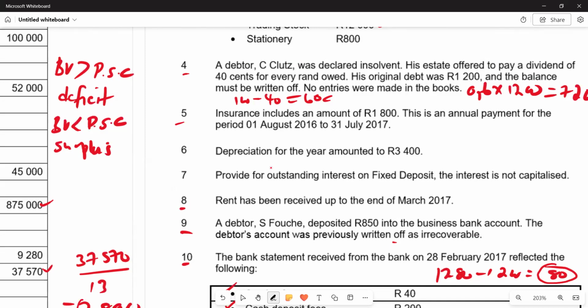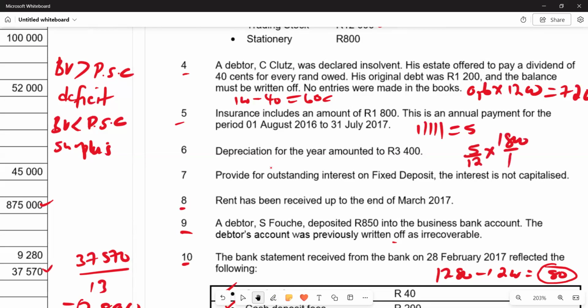Remember, our year is ending on 28th February 2017. So let's count the number of months that are outside our period. Our year is ending at the end of February, so we are saying March, April, May, June, July, then 1 August, that's where it's ending. So we have got 1, 2, 3, 4, 5 months that are outstanding. So what are we saying? To find the amount outstanding now, we use the proportion of months, whereby we're saying 5 over 12, and then we multiply by 1,800.